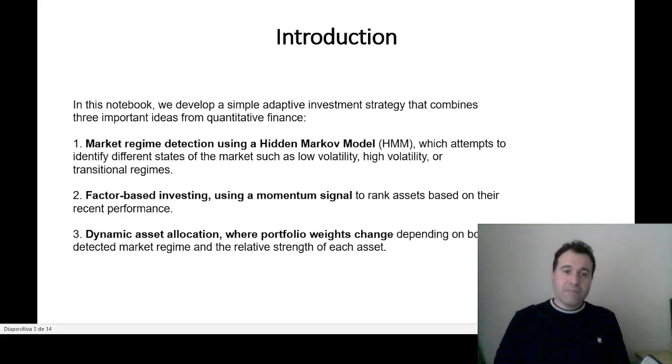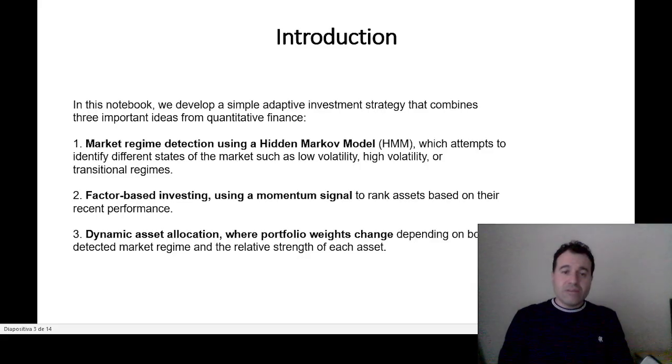In this notebook, we develop a simple adaptive investment strategy that combines three important ideas from quantitative finance. 1. Market regime detection using a hidden Markov model, which attempts to identify different states of the market such as low volatility, high volatility, or transitional regimes. 2.